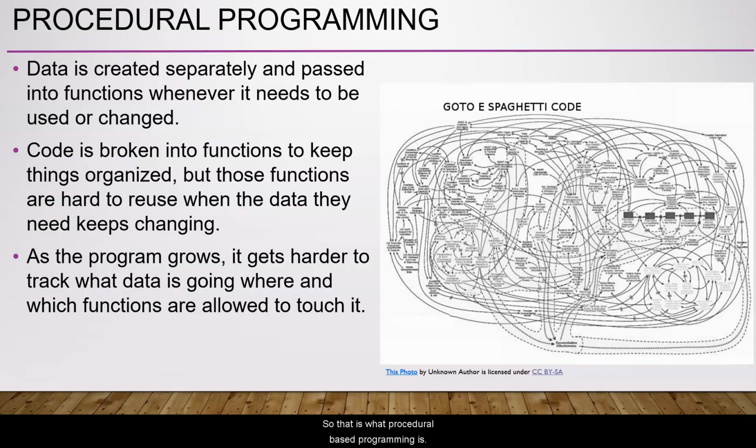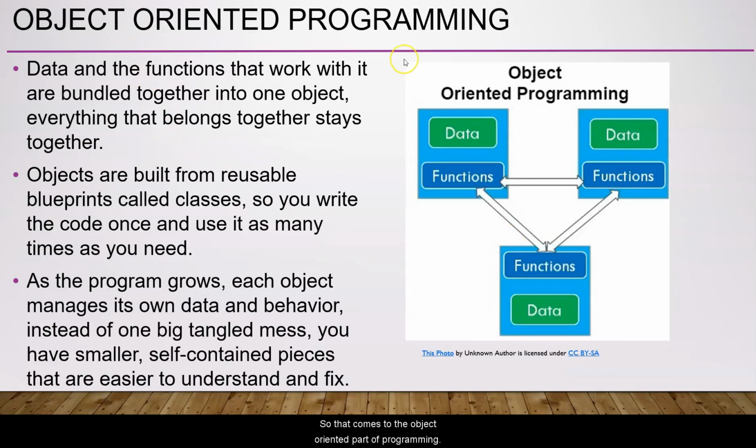That is what procedural-based programming is. The problem with it is the more functions you add, the more files you add, the harder it is to find out what goes with what, and which functions modify what data. If you want to change something, you could end up affecting something else because of that change.